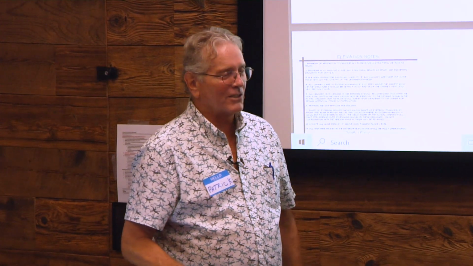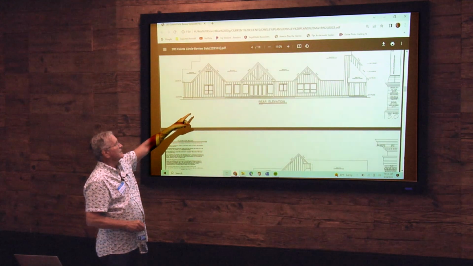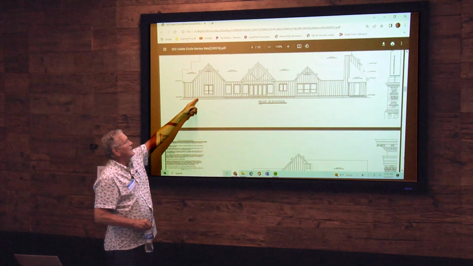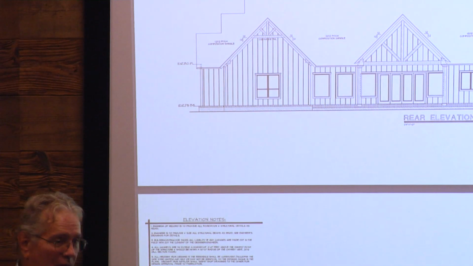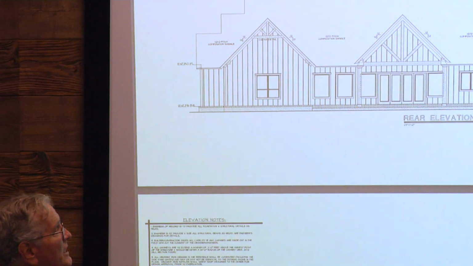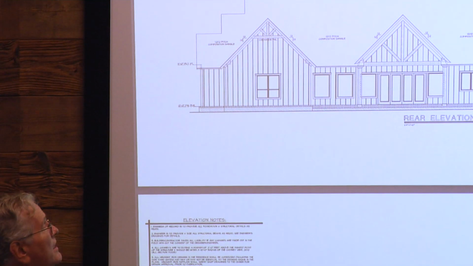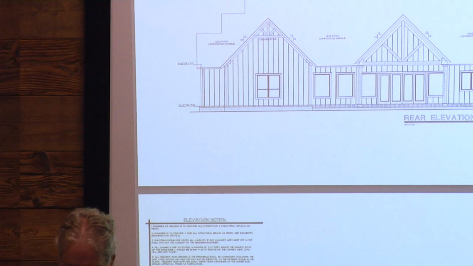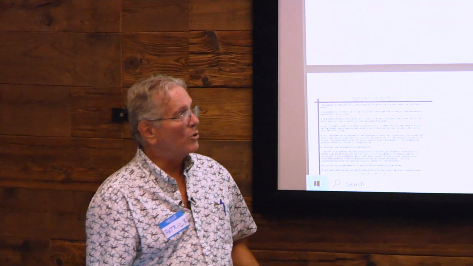Of course, everybody knows what horizontal siding looks like, but this is vertical. This is board and batten, where they put the pieces of board together and then they run a 1x3 batten over the seam so that you don't see a bunch of seams. Personally, that's a pretty pleasing look to me. And then, of course, when it's all painted, all that kind of fades into the background. You get a little bit of relief of the board and batten effect.